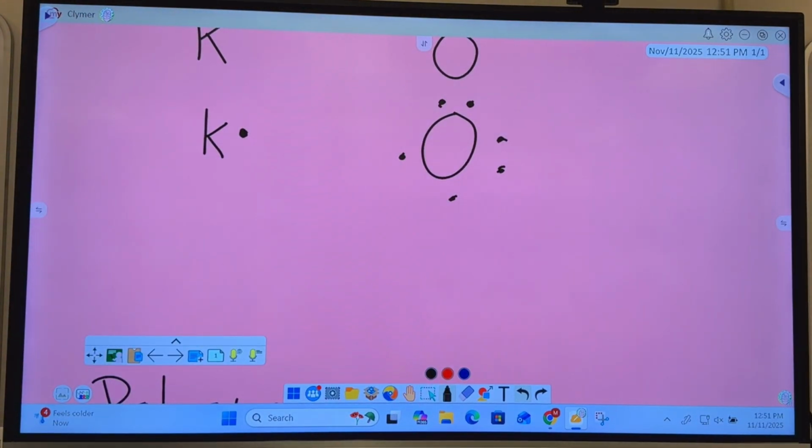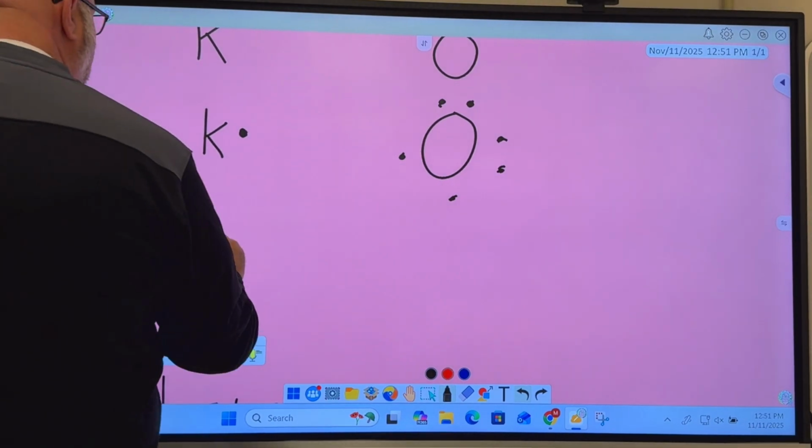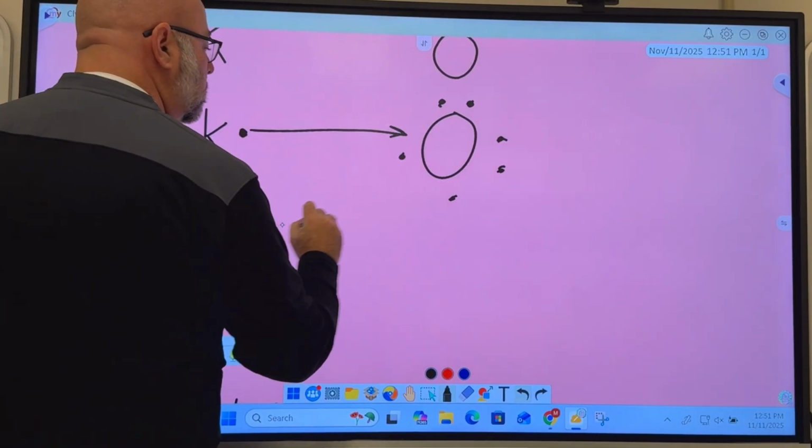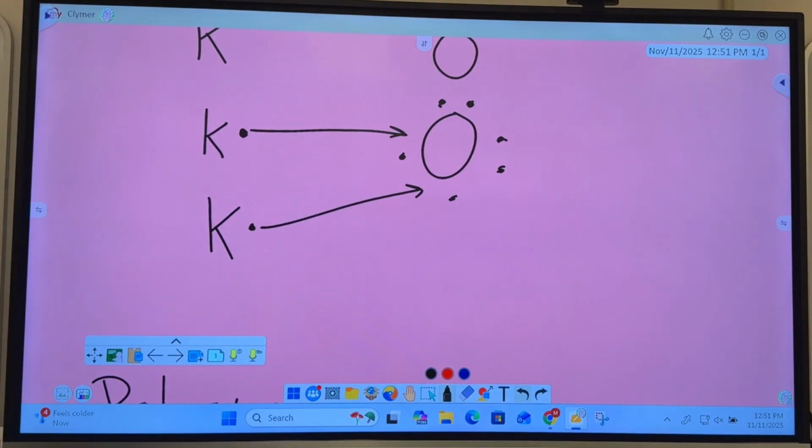Needs 2, but each potassium can only give away how many? Just 1. So potassium has to phone a friend. This dot goes here, this dot goes here. And now the million-dollar question, what would this chemical formula look like? K2O.